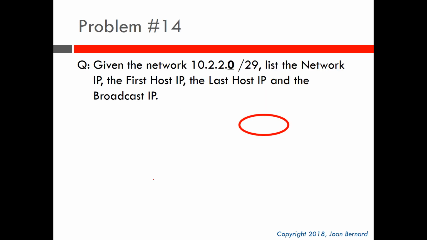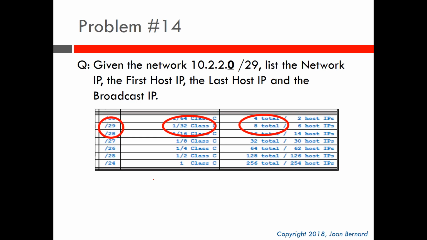All right, problem 14. Given the network 10.2.2.0/29, list the network IP, the first host IP, the last host IP, and the broadcast IP. So bringing up our subnetting cheat sheet, I now see that /29 is only 8 total IPs, right?